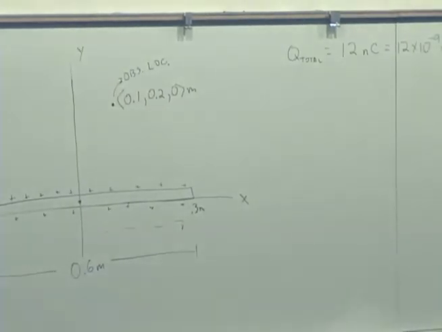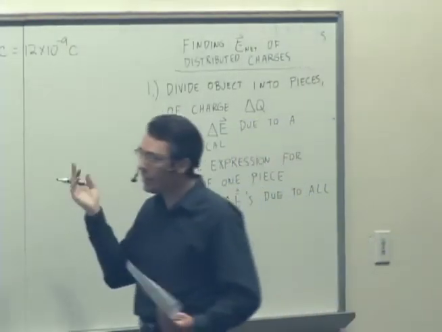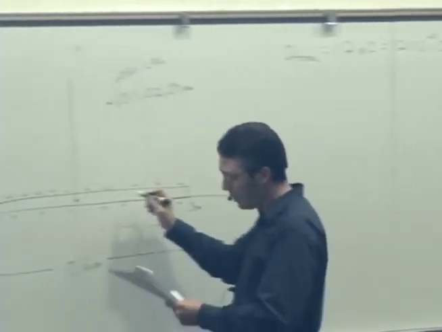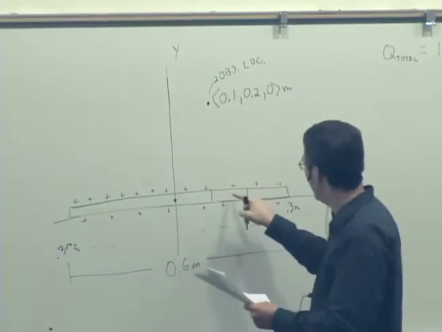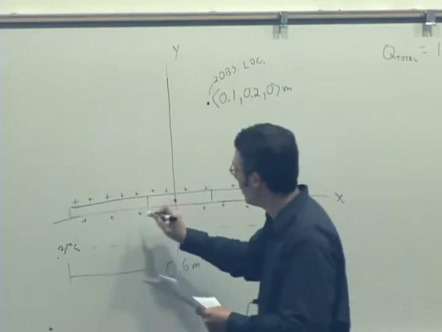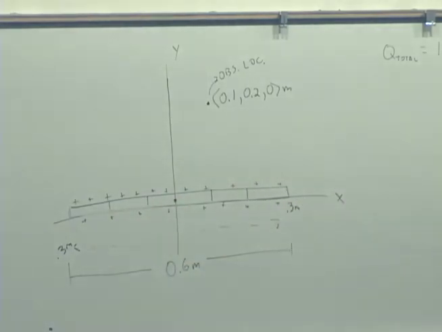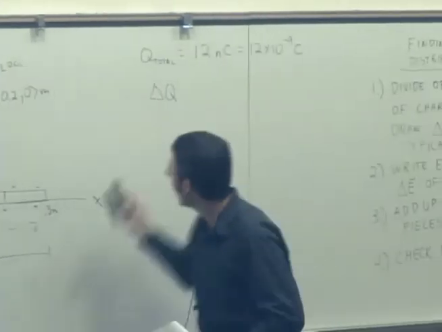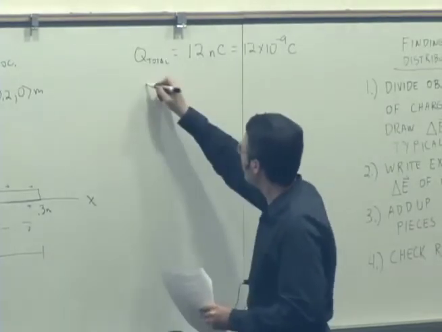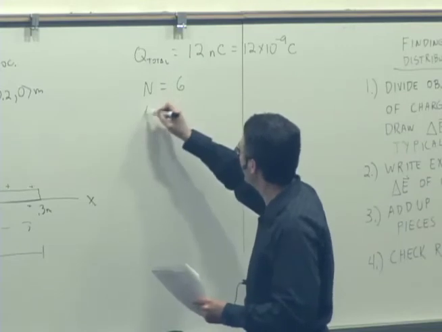So step one is divide it into pieces. And so we have to choose how many pieces we want. Let's say we want to divide it up into 6 pieces. So here is 1 piece, 2, 3, and then another 1, 2, and 3 there. Capital N will be the number of pieces we have, and so that's 6.